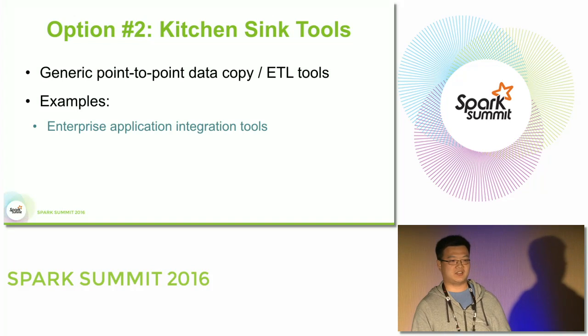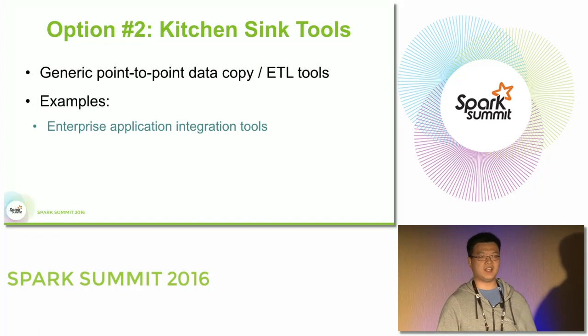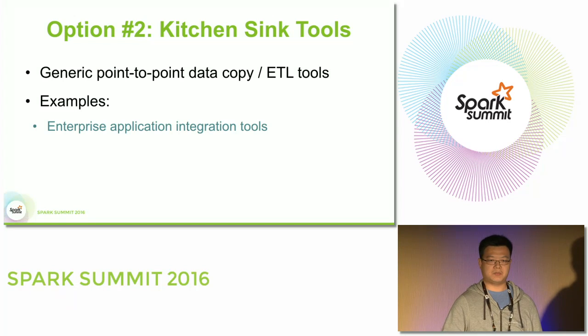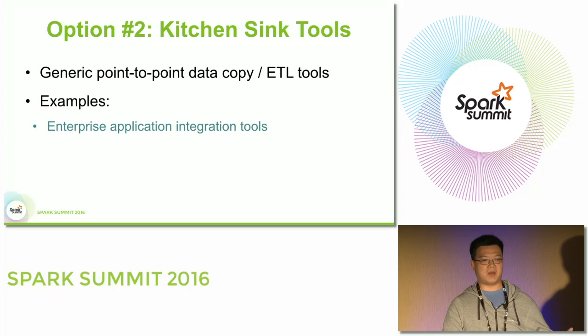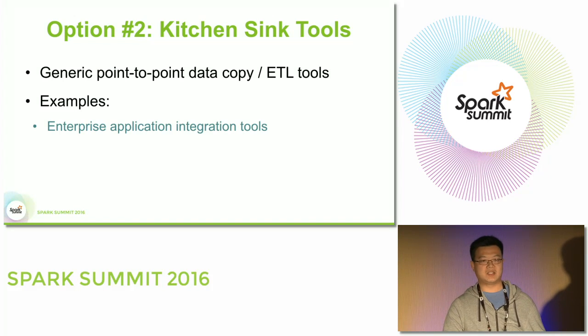It does a little bit of everything for the E, the T, and the L. Again, the problem with this option is that because of its generality, it cannot reason about any guarantees or semantics of your target systems, and cannot provide very strong delivery guarantees like exactly once, even if the target system does have those advantages.